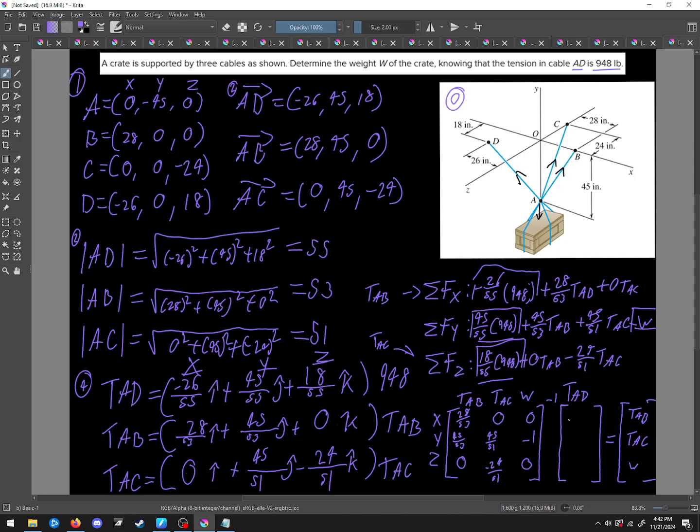And then here, this is going to be -26 over 55 times 948. And the coefficient here is going to be 45 over 55. And then here is going to be 18 over 55. Okay, now we can plug those into the calculator.